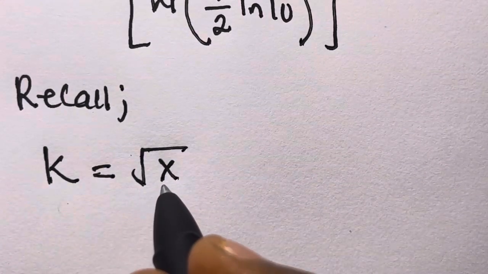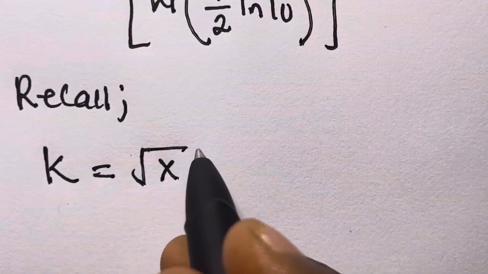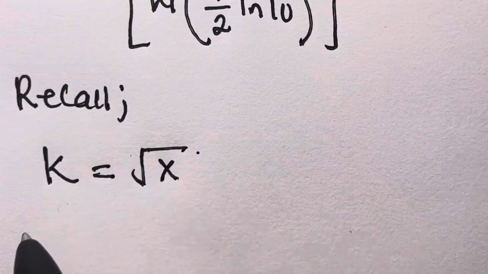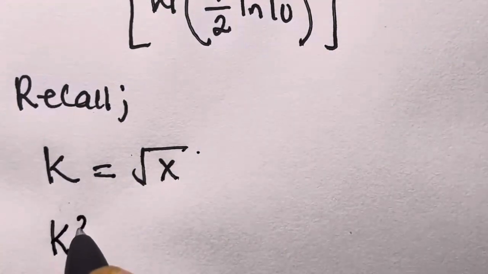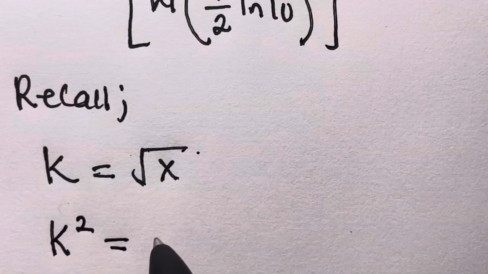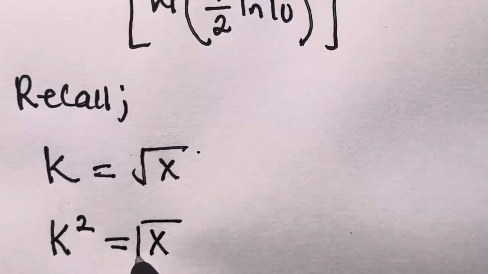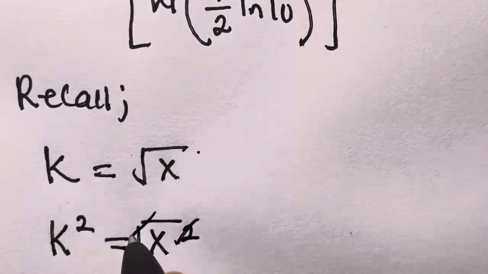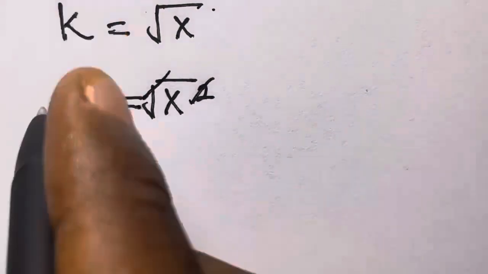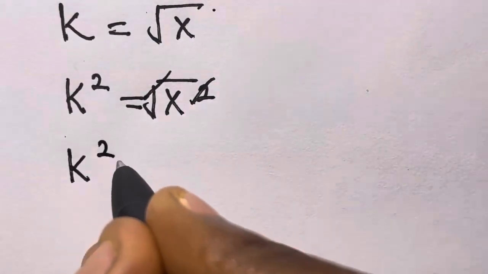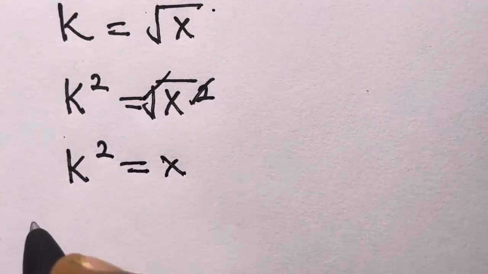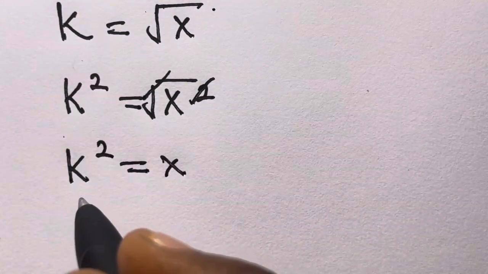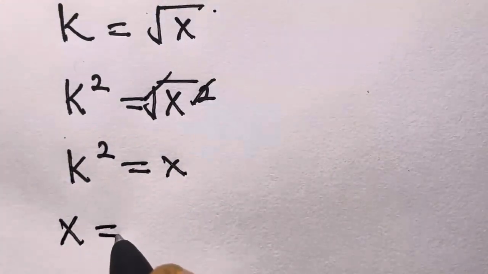To get x, we square both sides, so the square cancels the square root. So we have k square equals x, and therefore x equals k square.